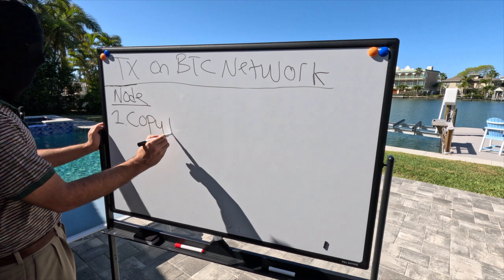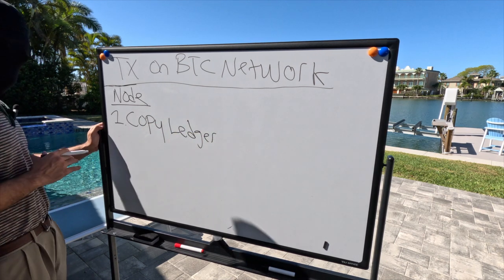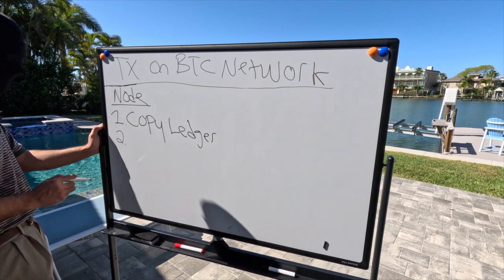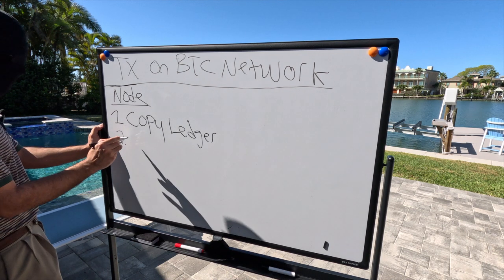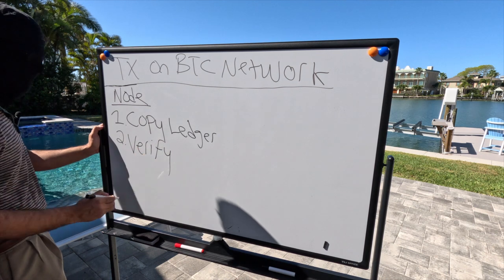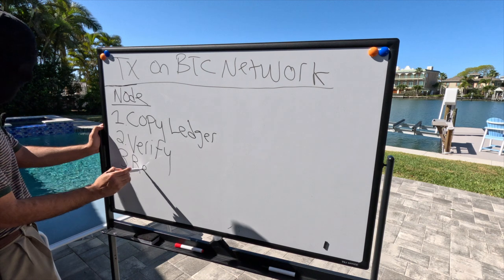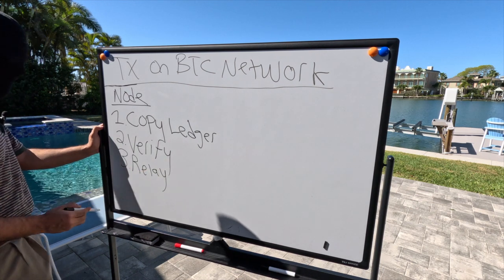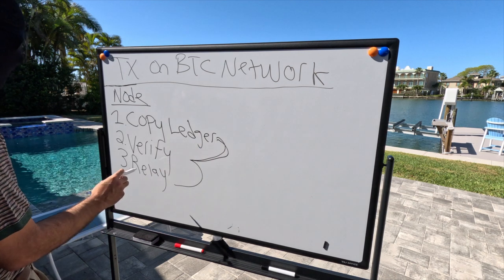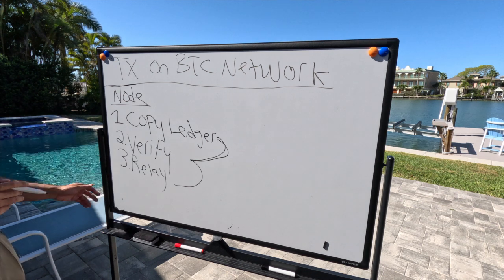So it goes all the way back to the first transaction on Bitcoin and downloads every single transaction that's ever happened on the Bitcoin network. Then you have some software packages used to verify each transaction to make sure that it's valid. And then software packages in order to relay that confirmed transaction. So after these first two steps, you relay it to the other nodes that each node is connected to, and then it goes further.